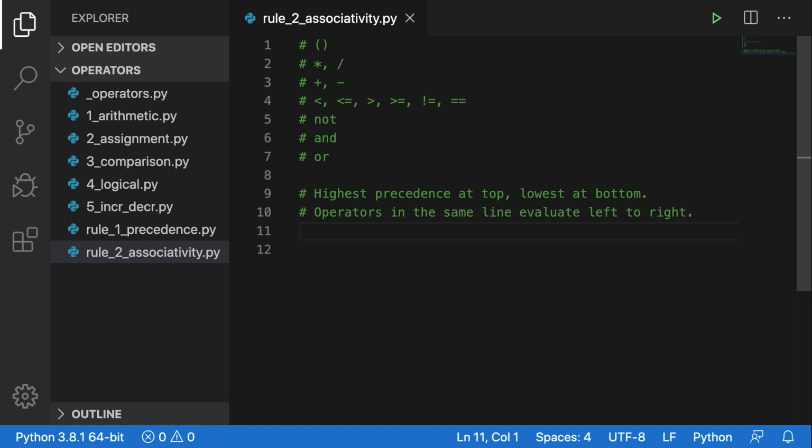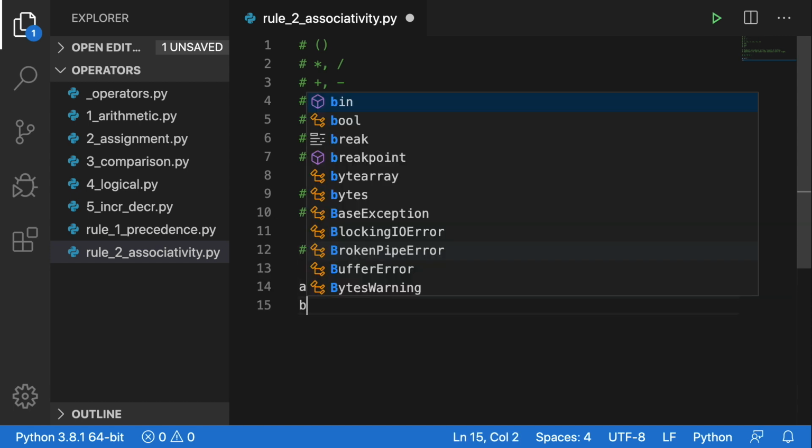Associativity rules specify which operator is evaluated first when two operators have the same precedence. Check out the multiplication and division operators because these two are in the same line, and operators in the same line evaluate left to right. To understand this, I have an expression: A divided by B and multiply with C. I need 3 variables here again.